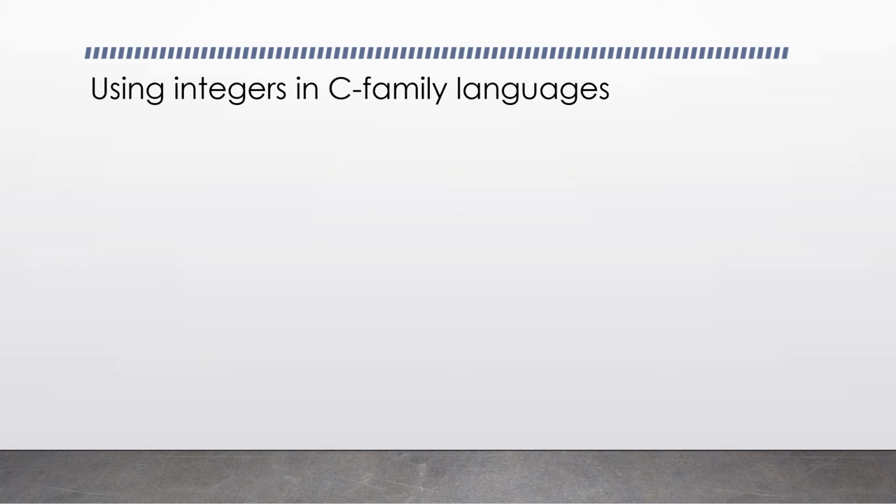Okay, so how do we use these integers in C family languages? We declare an integer using the keyword int, and pick a legal name like mynum. If we just have int mynum, there's a problem.